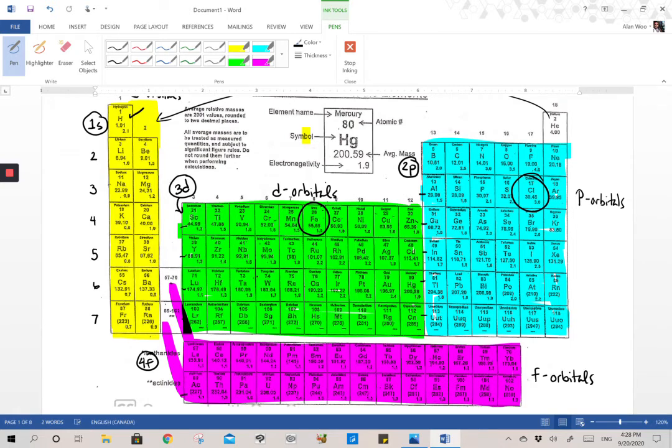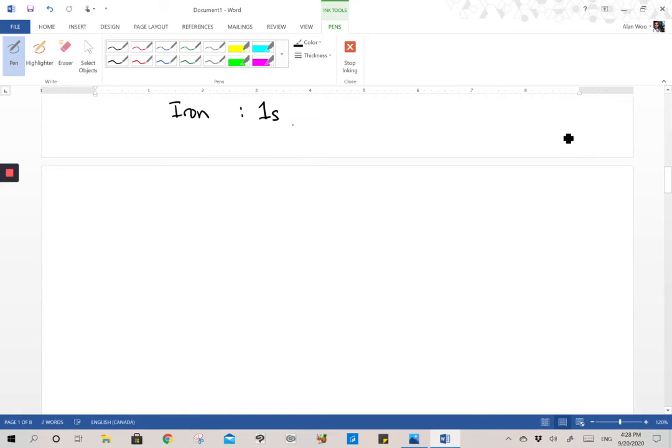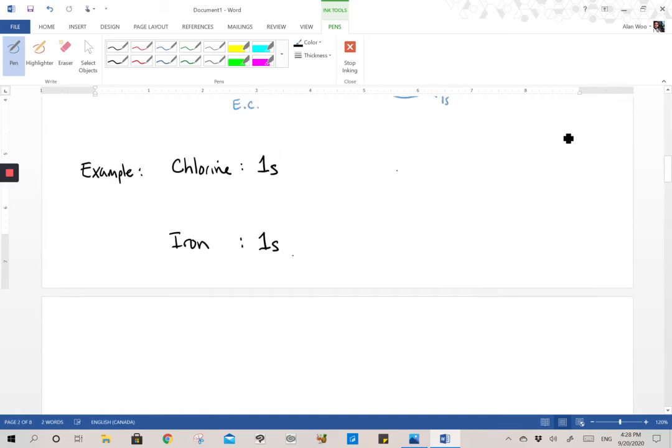Okay, so we know we have to start with 1s. If we start with 1s, it'll be 1s1, 1s2. Once the orbitals are filled, we move to the next orbital. So for chlorine, once 1s2 is filled, you drop down to 2s.